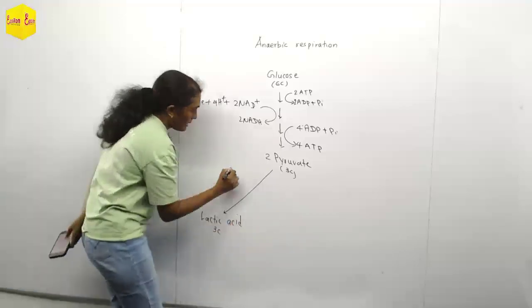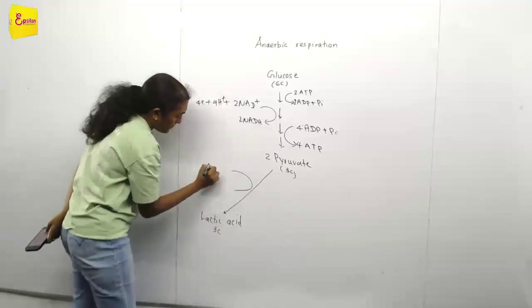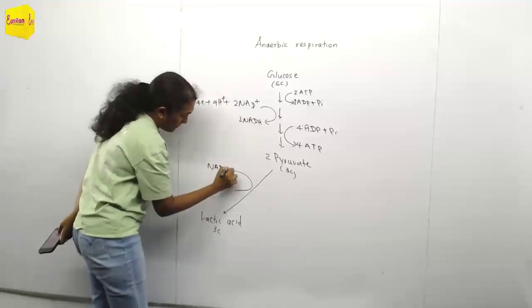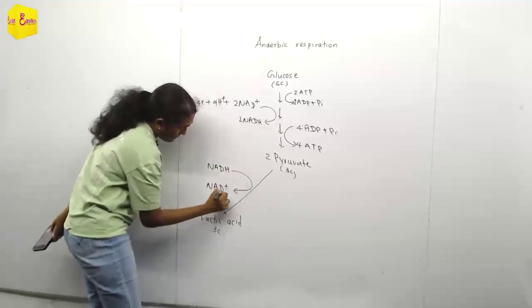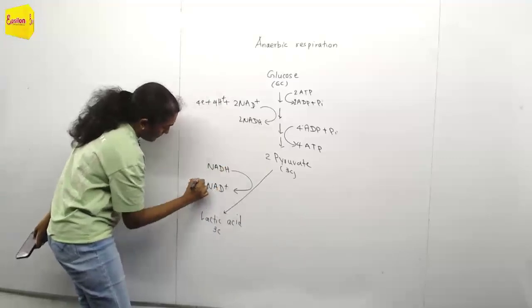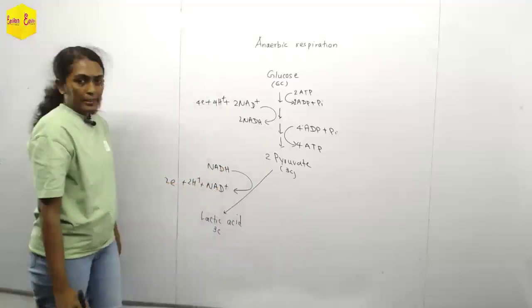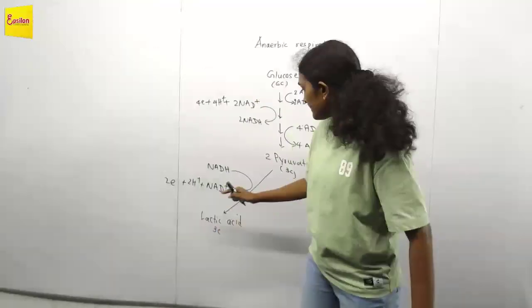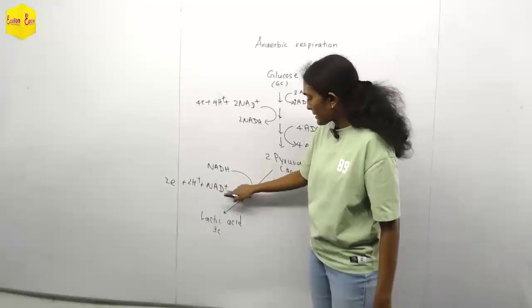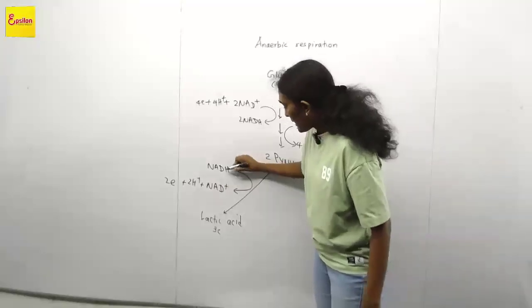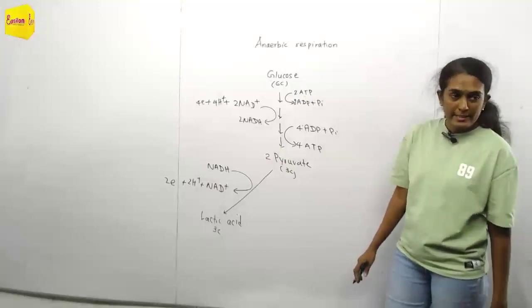So they are using the NADH produced here. Here it is oxidized by removing hydrogen. While this is oxidizing, pyruvate is reduced to lactic acid.